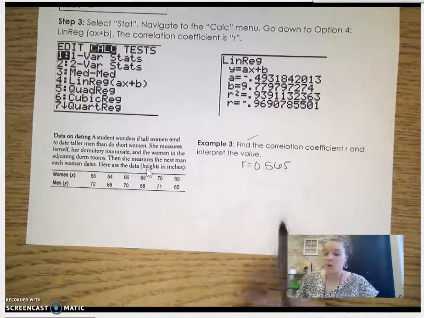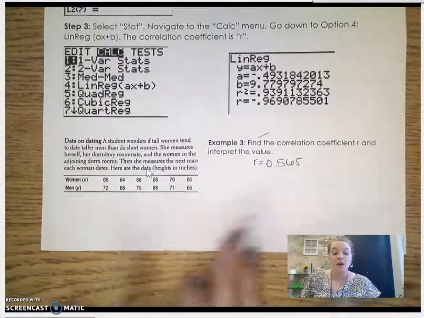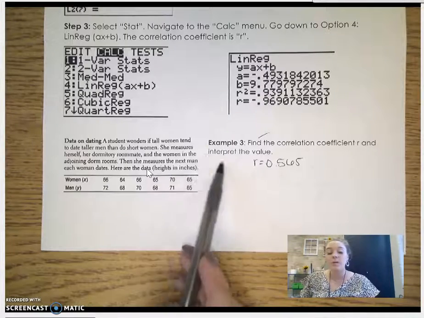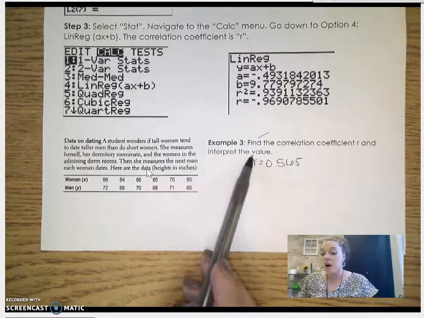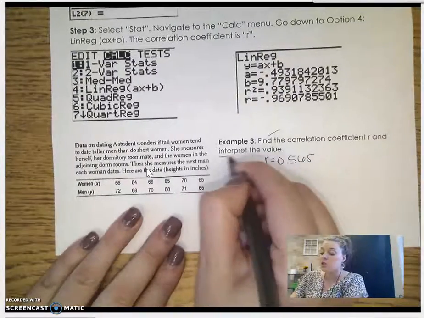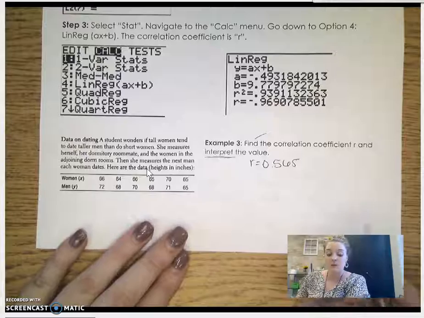Great, we found the correlation coefficient, but something that a lot of you are forgetting to do is always this second part where it says explain or describe or interpret. So we need to interpret what this correlation means.